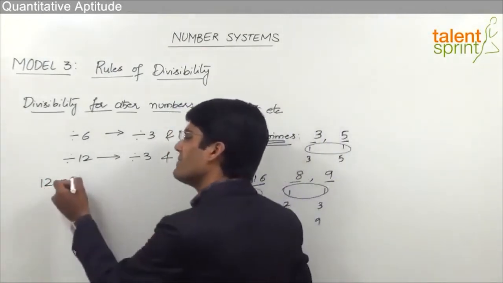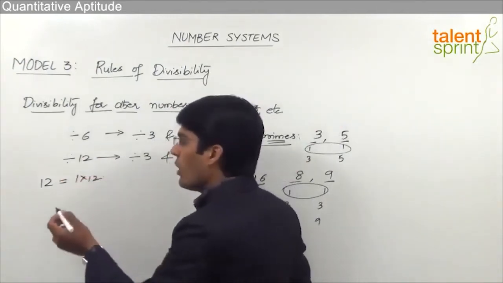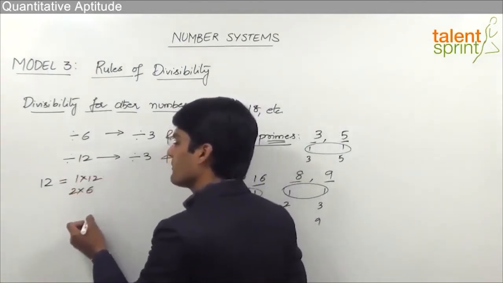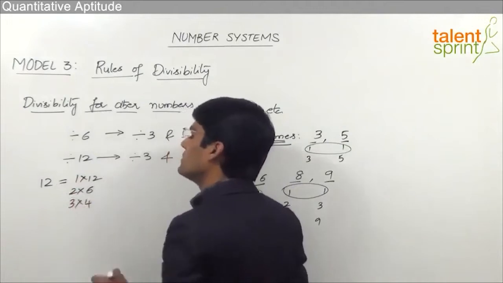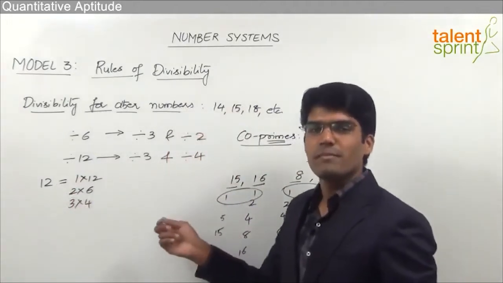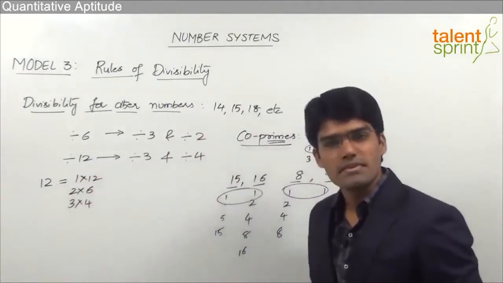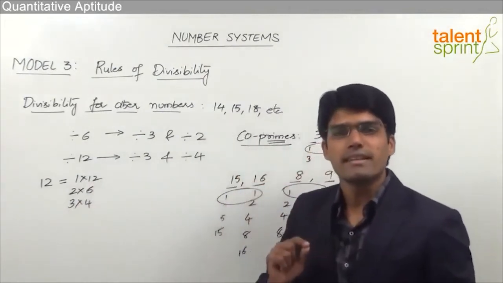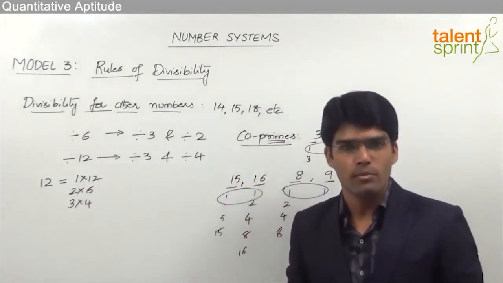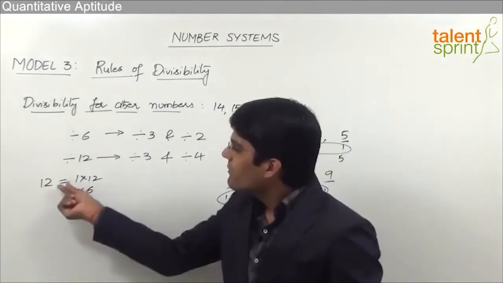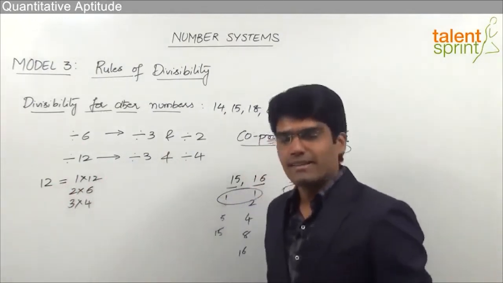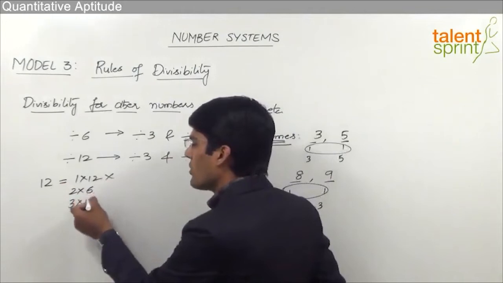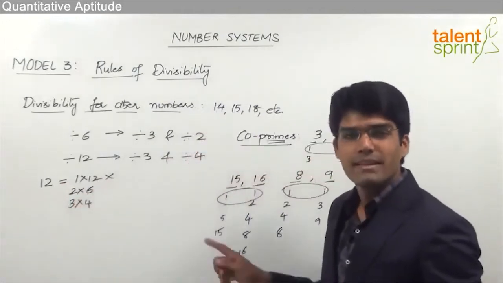For example, 12 can be taken as 1 into 12, or it can be taken as 2 into 6, or 3 into 4. So these are the different ways in which 12 can be taken as a product of two numbers. Out of these three cases, we need to take up that particular case in which both the factors are coprimes. And always factorization with 1 has to be neglected. So leaving out 1 into 12, the two possible cases are 2 into 6 and 3 into 4.